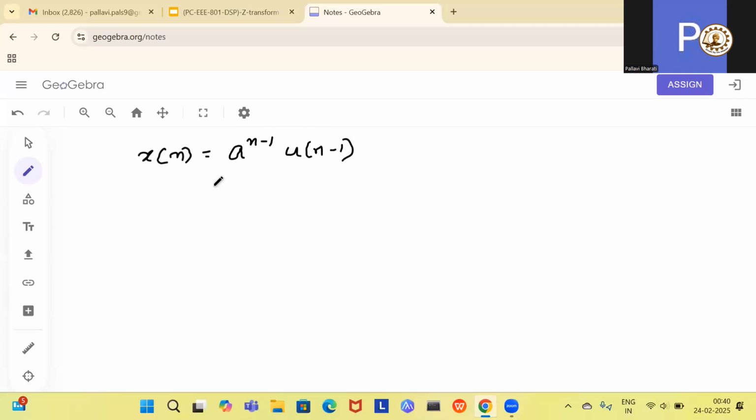So for this, you have to first identify the original signal. See over here, both of them are shifted by n minus 1. So if it is not shifted, what should be my original signal in that case? x(n) is a raised to the power n u(n).